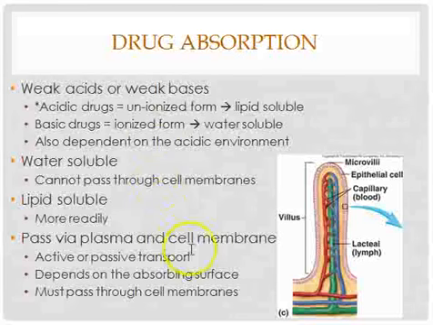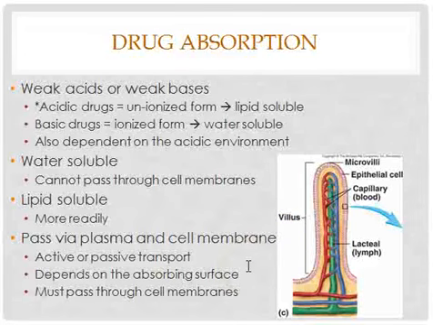So passing via the plasma and cell membrane. So that's what we talked about over here. That can be active or passive transport. It can depend on the absorbing surface, but it does need to pass through cell membranes. And your ileum is where you have the most surface area. So that's the number one absorption factor, would be how much surface area is there. That's going to affect absorption the most.